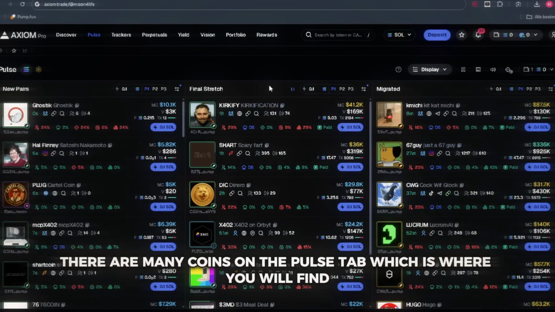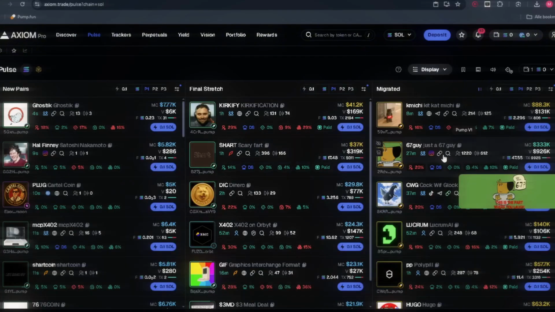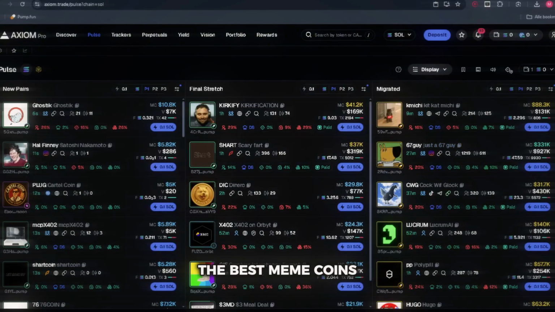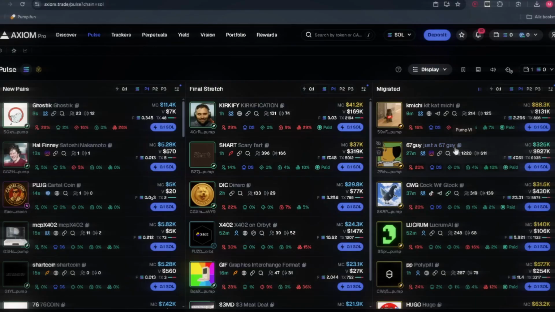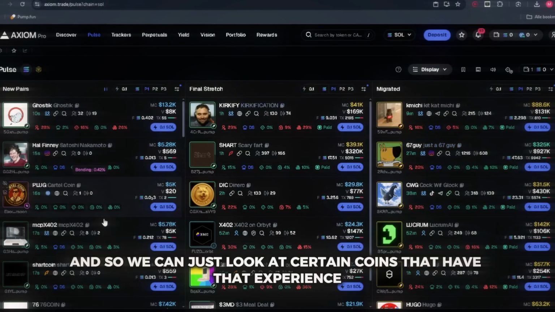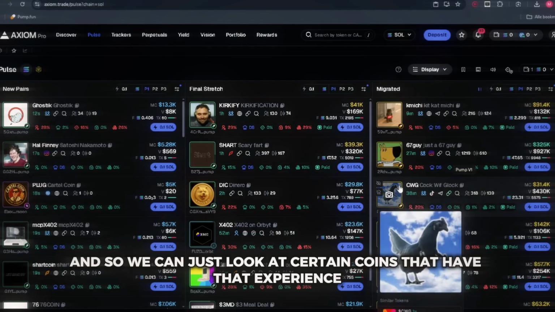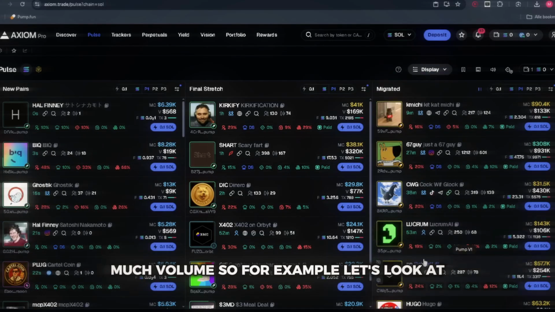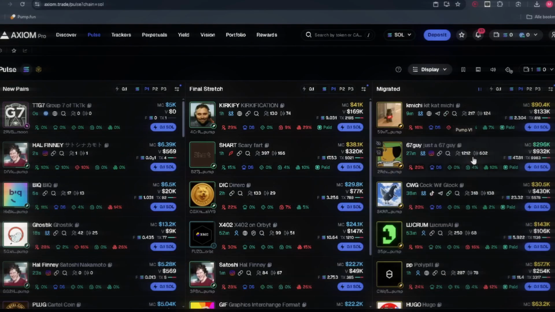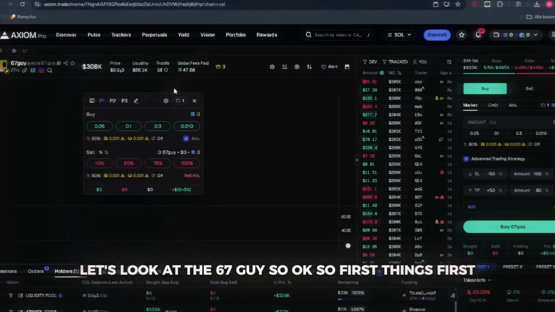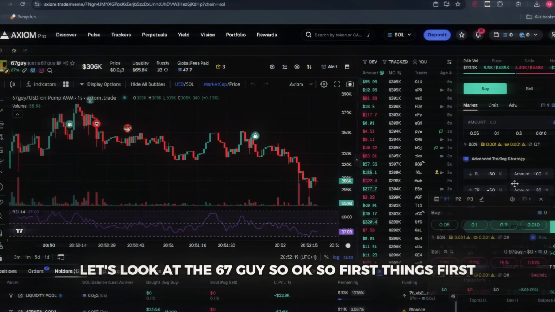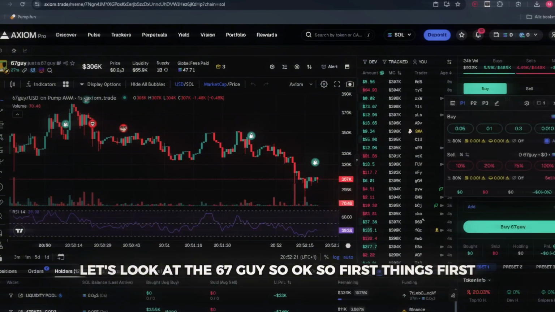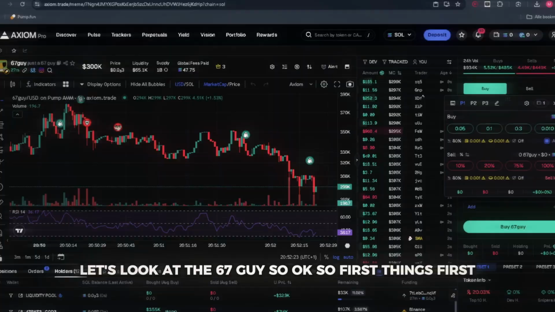Here are many coins on the Pulse tab, which is where you will find the best meme coins, and we can just look at certain coins that experience much volume. For example, let's look at the 6-7 guy.